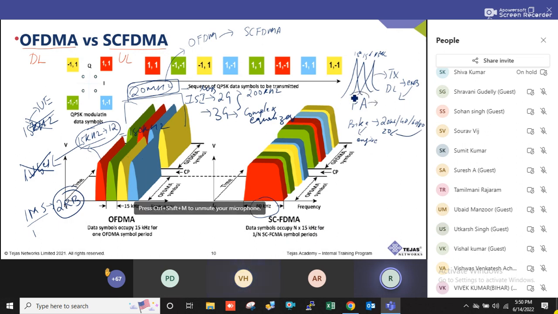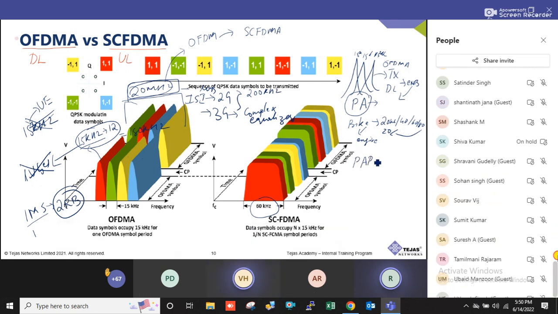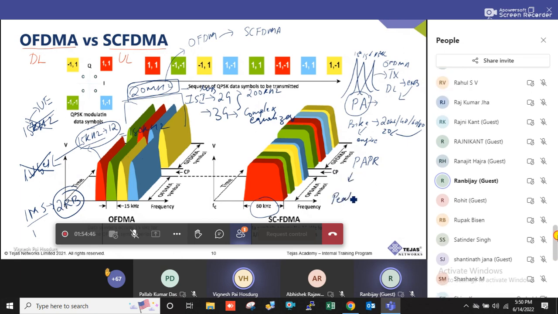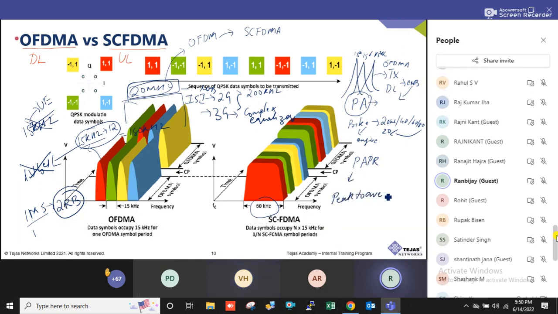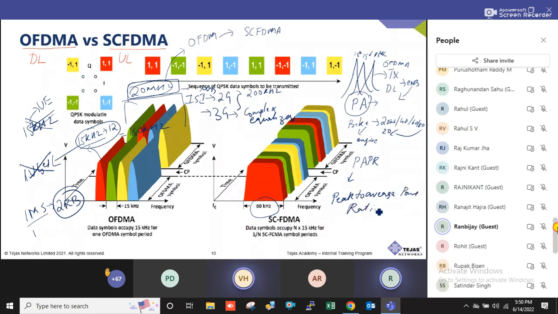So the power amplifier is a very crucial and efficient mechanism, and it will have a lot of power levels whenever we are doing OFDM. The power level keeps on fluctuating. Here we call this concept PAPR, the peak to average power ratio, which is very high in OFDMA.